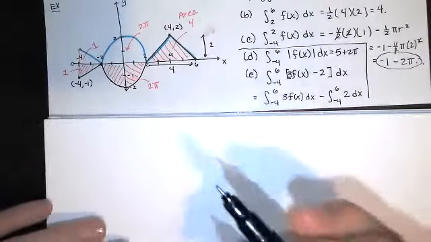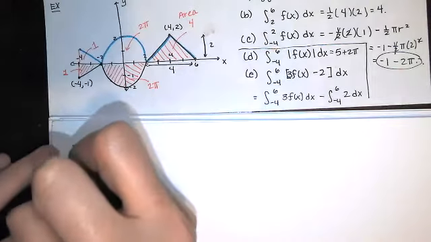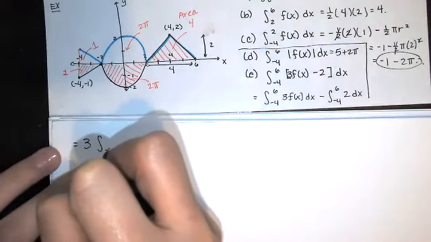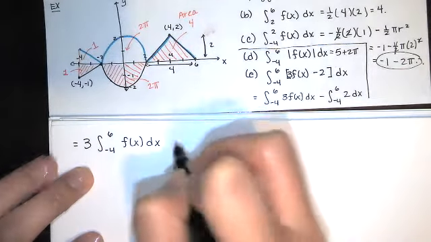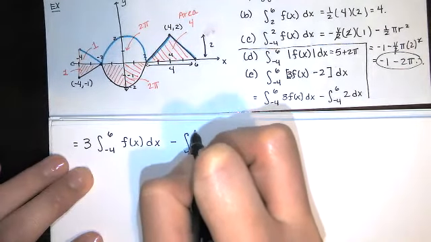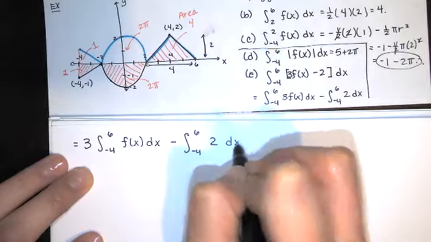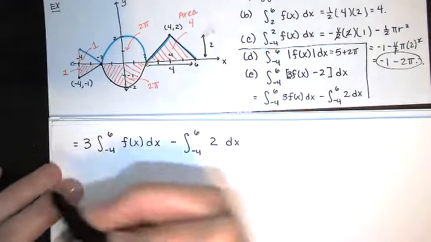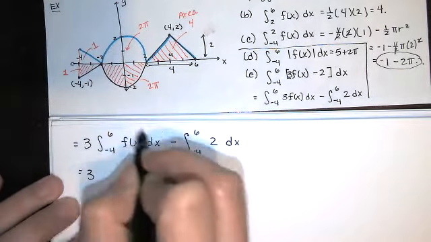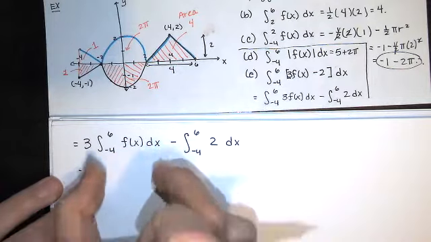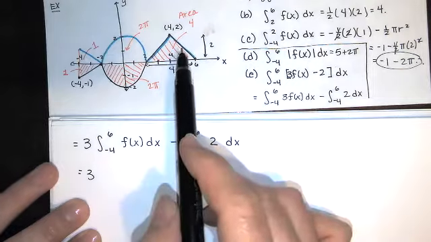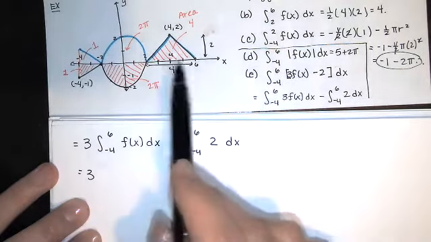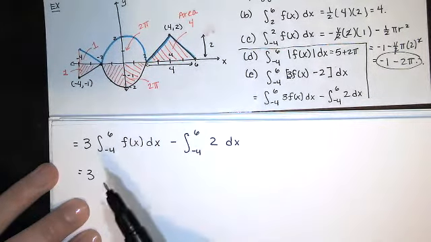I like this problem. So we'll factor out the 3. And you've got the integral from -4 to 6 of f of x now. And this integral from -4 to 6 of 2, we're going to evaluate that in just a minute. So I've got 3 times this value, and this can be found by looking at that net area. It's area above the x-axis on the interval from -4 to 6 minus the area below.